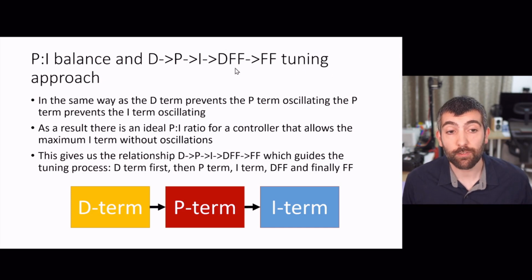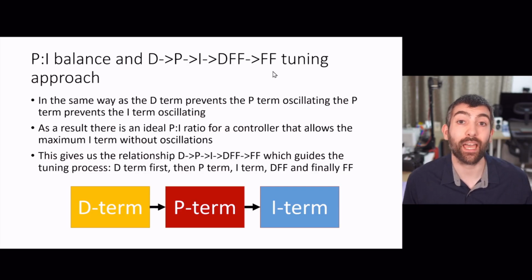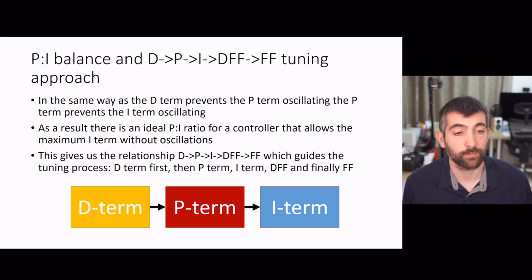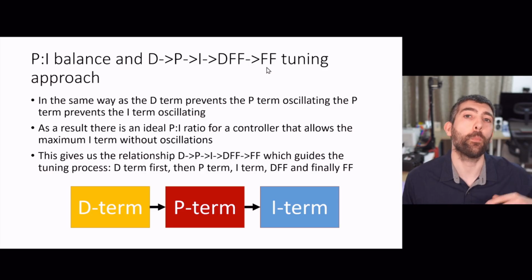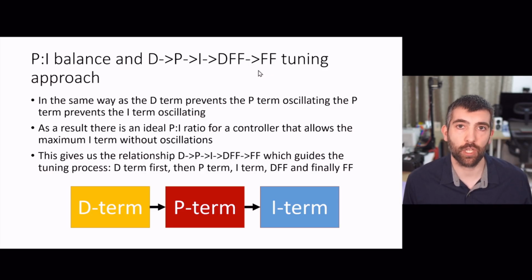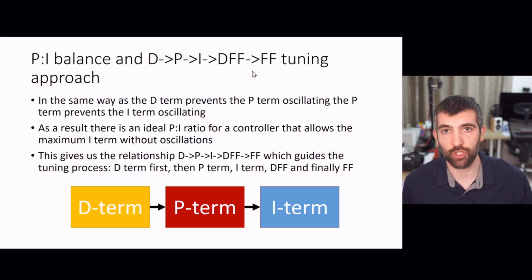The derivative feed-forward term depends on the value of particularly the P term, and the correct feed-forward value is going to depend on how tightly the rest of the controller is tuned. By tuning in the order D, P, I, DFF, FF, we won't need to go back and adjust earlier terms based on what we do later in the tuning process.